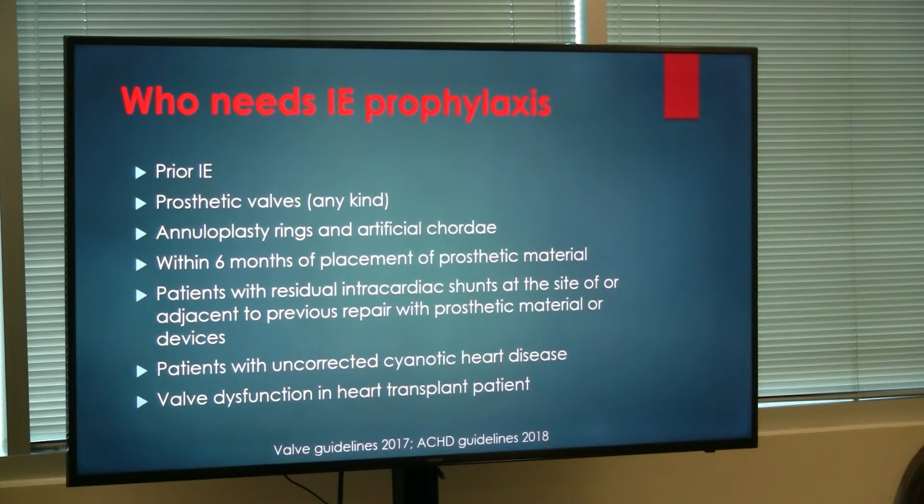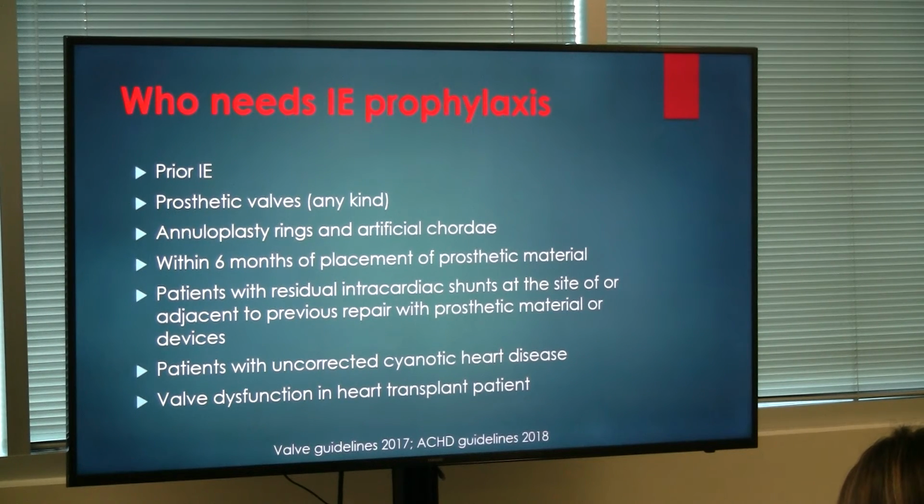Prosthetic valves of any kind, bioprosthetic or mechanical, you're going to get IE prophylaxis. This recommendation came in for annuloplasty rings and artificial chordae, so these need to be treated at the same level as the artificial valves. So you get infective endocarditis prophylaxis all the time, not for 6 months, but all the time.